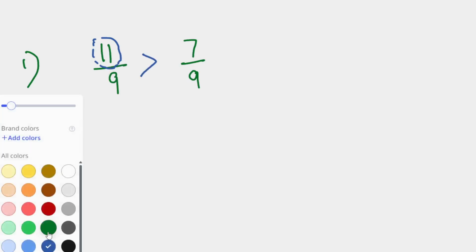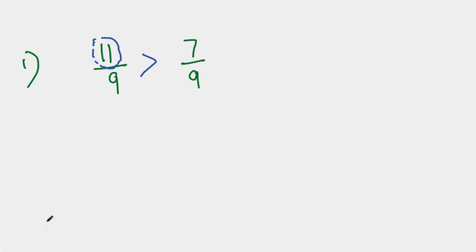Now see, I'm not calculating anything. I'm not comparing. I'm not drawing anything. Once you understand the rule, once you understand the concept, you can quickly compare. Now, the second one: let's reverse these, 9 by 11 and 9 by 7.